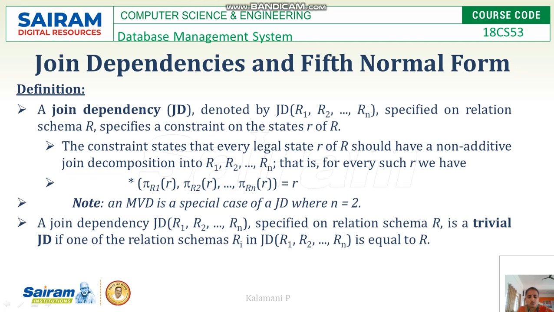We should also know that multi-value dependency is a special case of joint dependency when n is equal to 2. The joint dependency JD of R1, R2, ..., Rn specified on the relation schema R is a trivial joint dependency if one of the relation schemas Ri in the JD is equal to R. That is also possible.